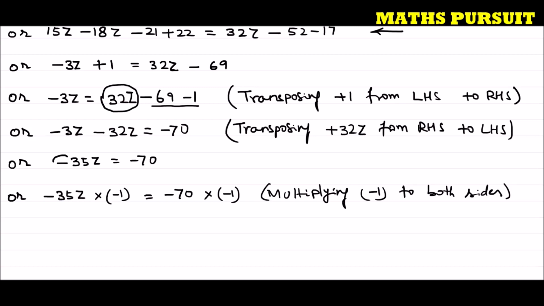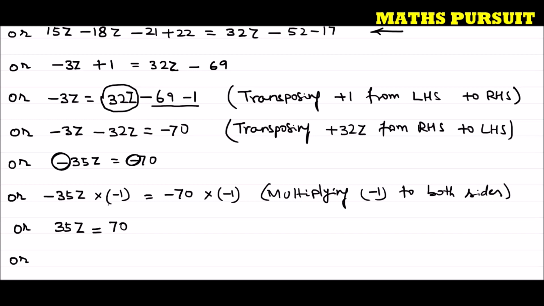I want to eliminate this negative symbol. For that reason I am multiplying with minus 1. And we very well know that minus into minus becomes plus. So I can write 35z, because minus 35z into minus 1 is plus 35z, is equal to minus 70 into minus 1 is plus 70.